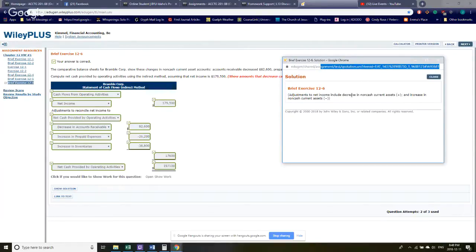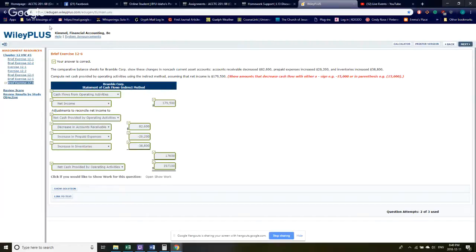So always remember that a decrease in a non-cash current asset is always going to be positive, and when a non-cash current asset increases, it's always going to be a negative. That's just an additional tip to help you as you answer this question.